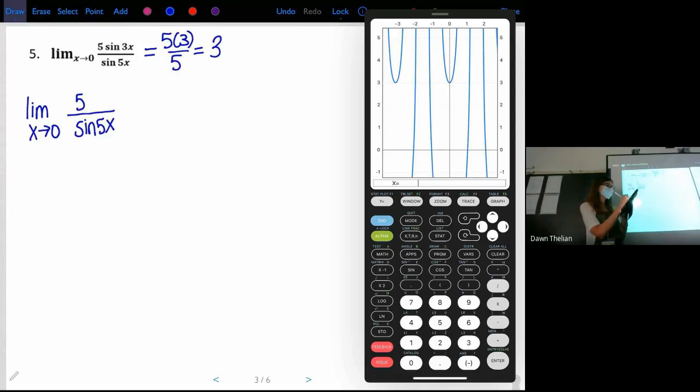And then I have the sine 3x, and if I split these up, that would have to be over 1. So what's missing with the 5 part of this is an x. This would need to be a 5x to get the sine x over x. Yes, it's a reciprocal, but I still need the x there. But if I multiply an x to the bottom, at the top, I'd have to multiply an x to the bottom.